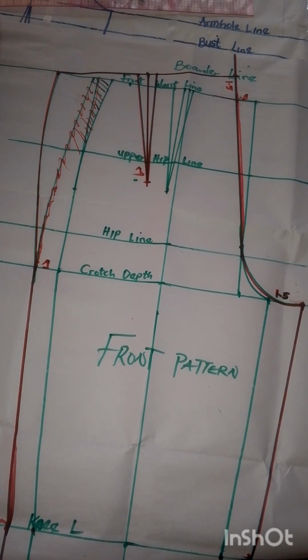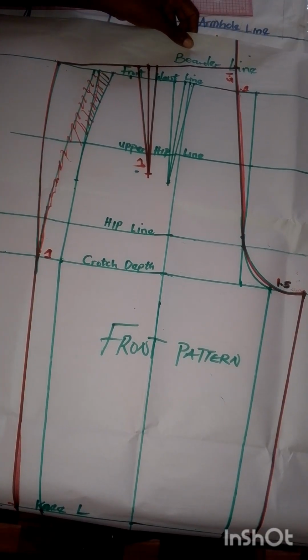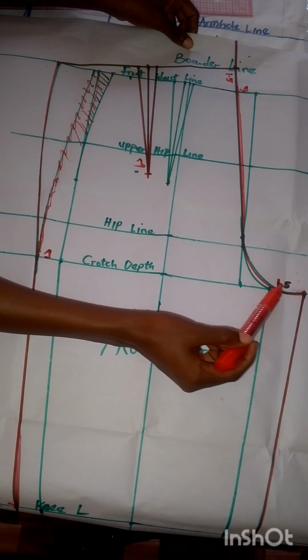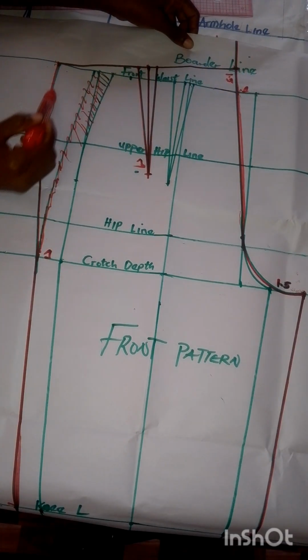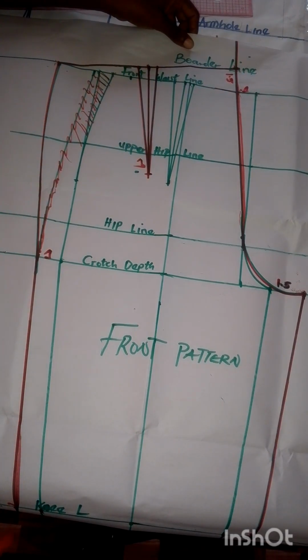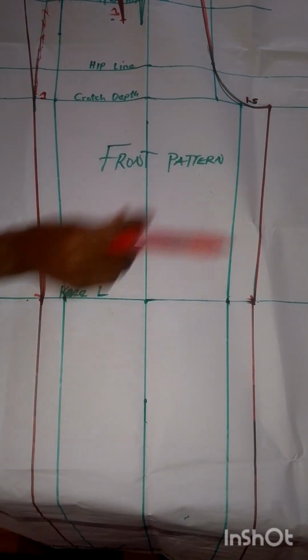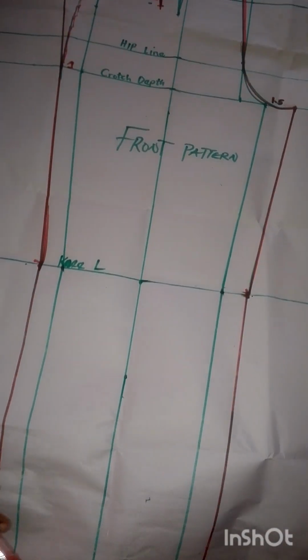So when we are tracing out our pattern, if it is the back pattern that we want to trace out, then we are going to trace it out like so, to the bottom leg. Then from here, then to the bottom leg, and from here going downward. That is our back pattern.